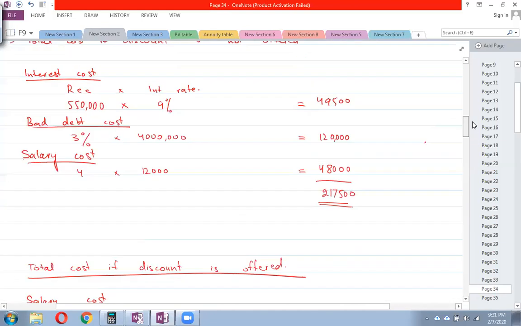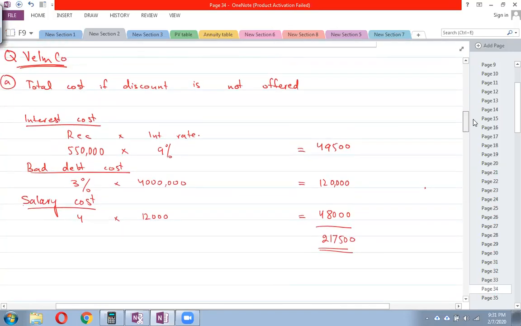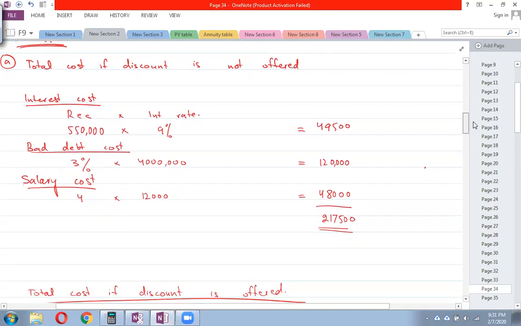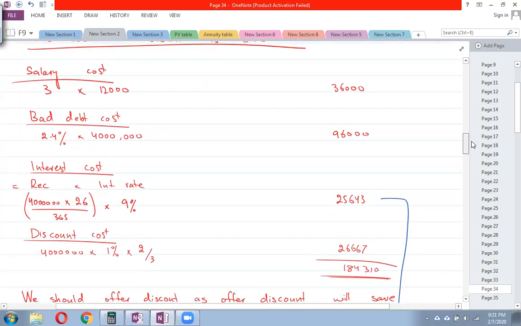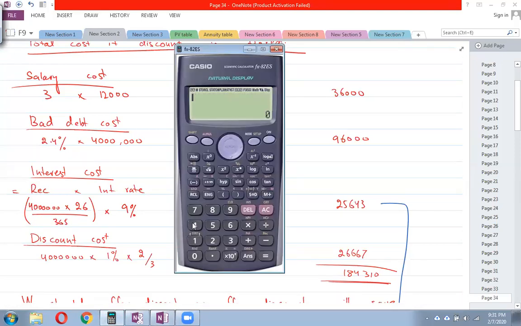So the way the examiner used to do it before, like for example, if the sales are given to you over here, the sale figure the examiner used to write before, 4 million, he said, well, it doesn't matter if it is cash discount or trade discount, you deduct the discount amount from it, 2,667.